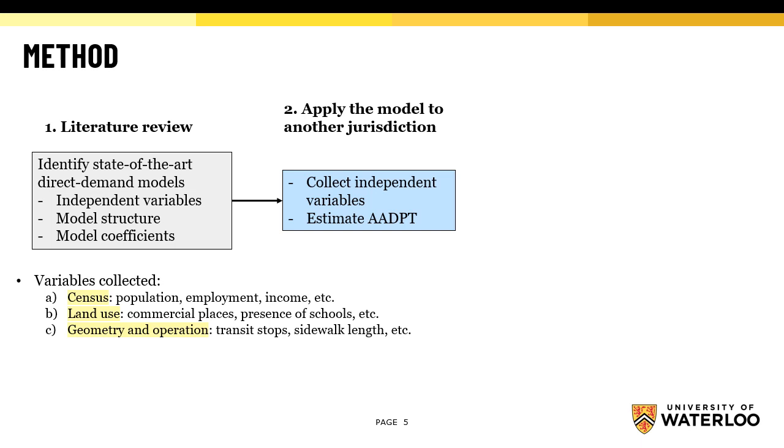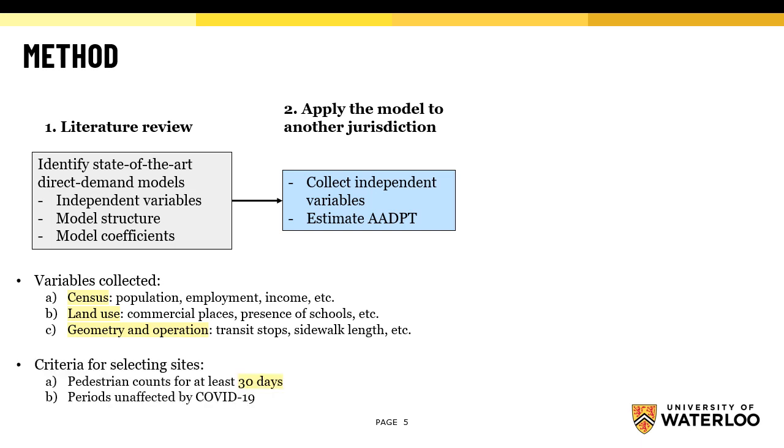And for selecting the sites, we have two criteria. We only select sites where continuous count stations were available. So we selected sites where pedestrian counts are available for at least 30 days, and we also use periods that are unaffected by COVID-19.